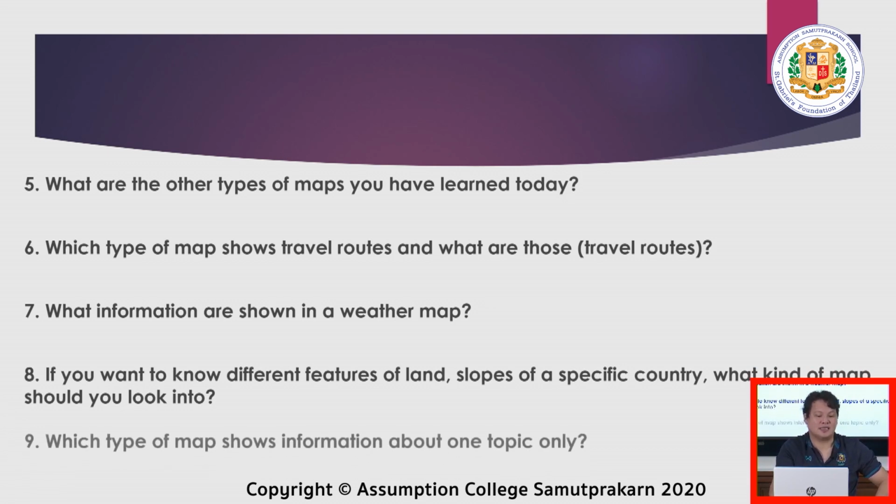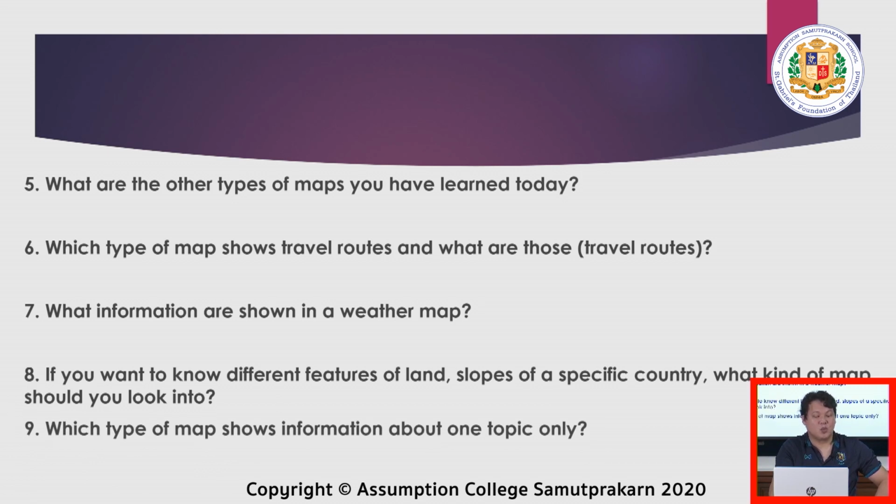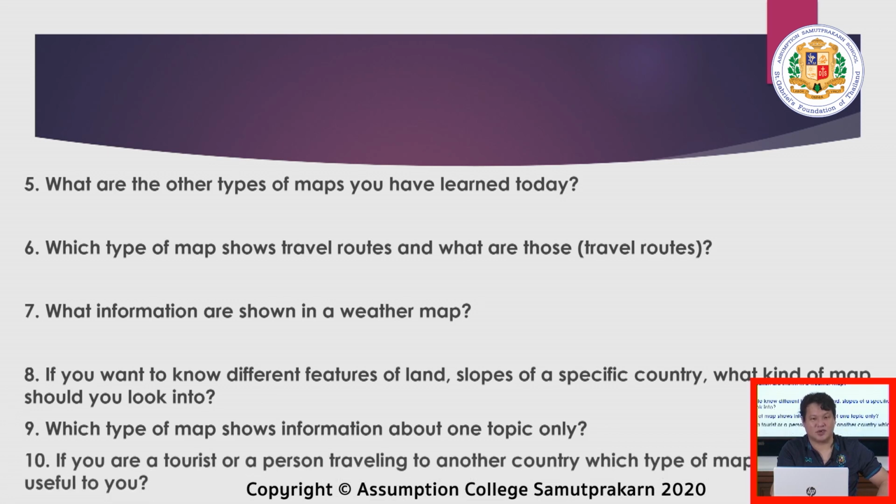And number 9, which type of map shows information about one topic only? And number 10, the last question, if you are a tourist or you come from another country going to Thailand, or you are going to another country, which type of map would be very useful to you? What map would you need to have?